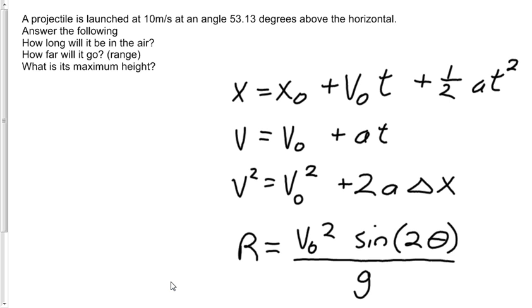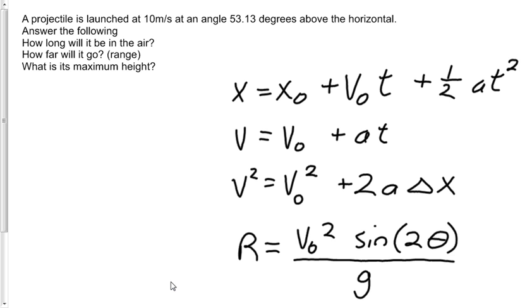X naught is the initial position at time 0. V naught is the initial velocity. Acceleration is going to wind up being acceleration in our case, but it doesn't always have to be. And t is the time where at time t it's going to be at position x, not x naught, but position x, the instantaneous position.